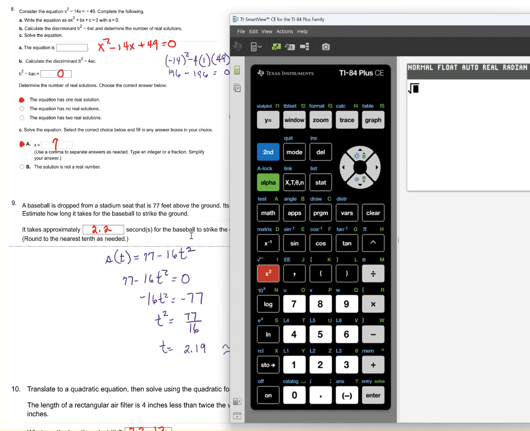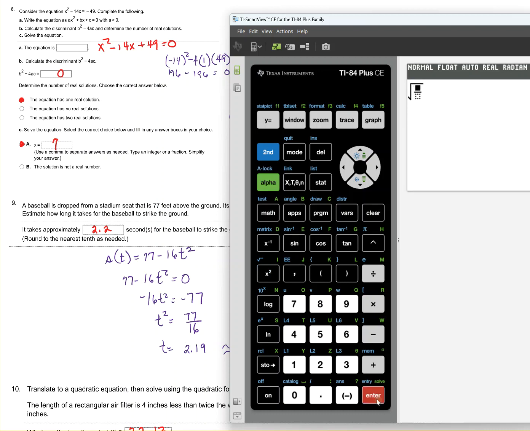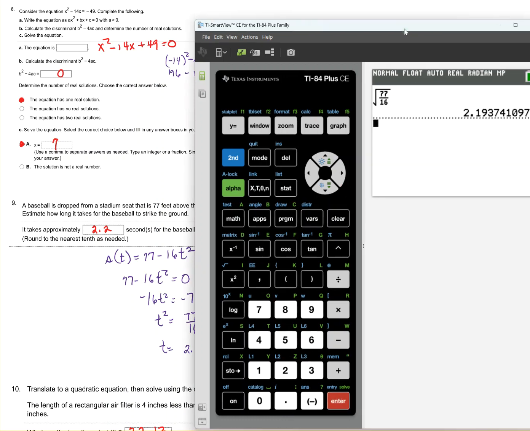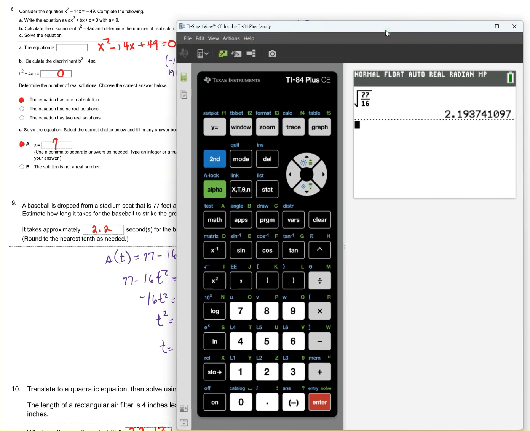I could just do 77 divided by, but remember we have that little trick. Alpha and the y equals, and hit enter for the first one, which is fraction. So now I can put 77 there, hit my side arrow, it takes me down here, I get a 16, and I hit enter, and that gives me that number, but it says round to the nearest tenth, so that would be 2.2.